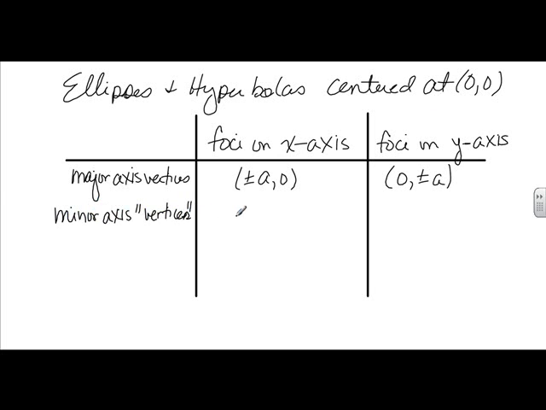Those are going to be b units away from the center point and on the opposite axis of where the foci and other vertices are. So 0, plus or minus b would be the correct coordinates, and plus or minus b, 0 would be the correct coordinates if you've got foci on the y-axis.